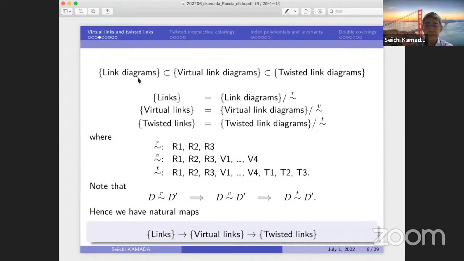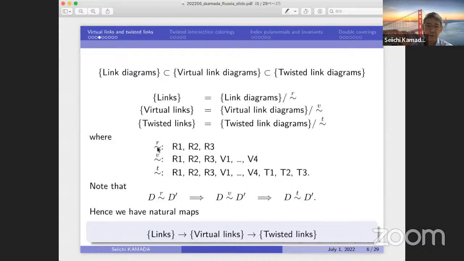By definition, all link diagrams are virtual link diagrams, and all virtual link diagrams are twisted link diagrams. Links in R3 or S3 are identified with link diagrams modulo Reidemeister moves. Virtual links are virtual link diagrams modulo virtual equivalence, and twisted links are twisted link diagrams modulo twisted Reidemeister equivalence.